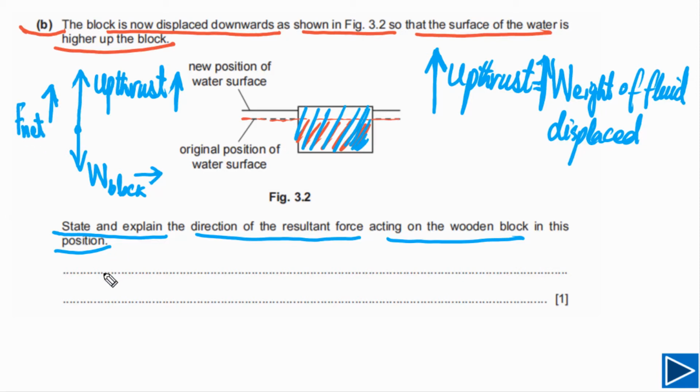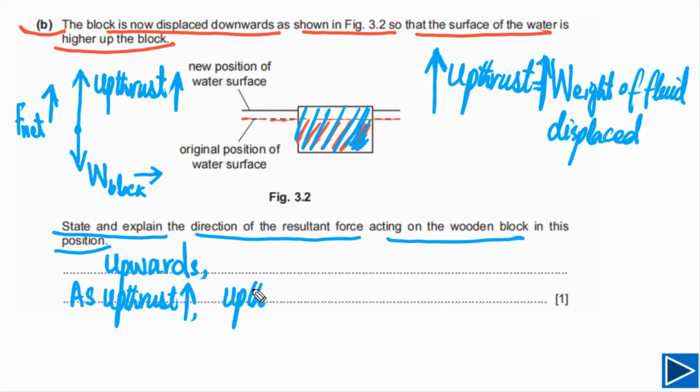So first, we need to state that the resultant force is upwards. Then we can say, as upthrust increases because the weight of the fluid displaced increases, the upthrust is greater than the weight of the block.